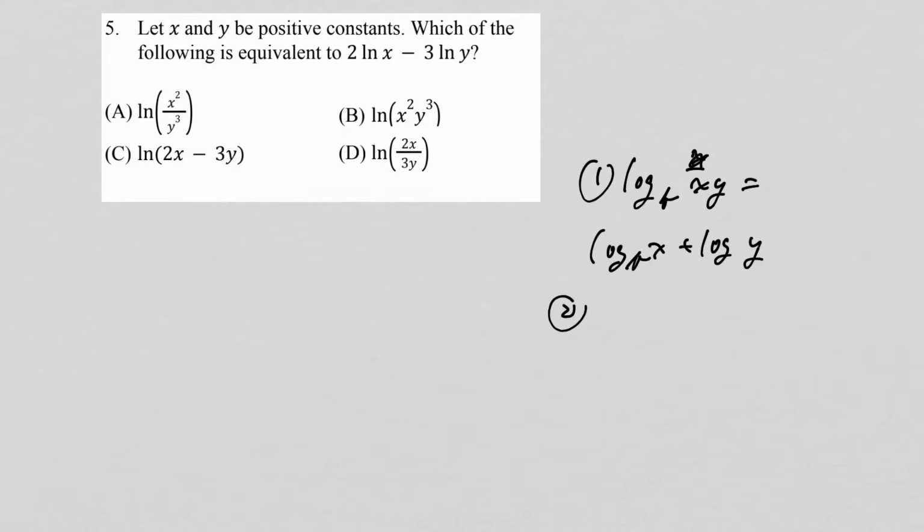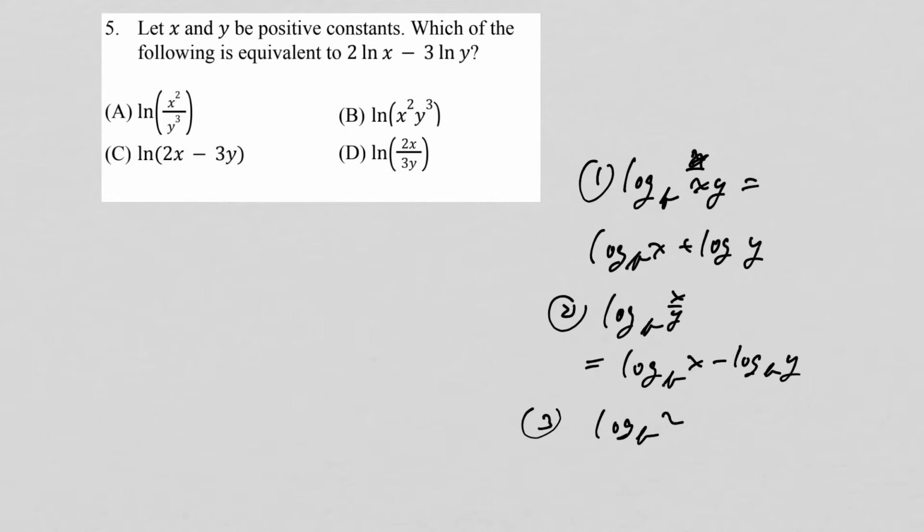The second log rule is log of a quotient can be rewritten as the difference of the log of the numerator and the log of the denominator. And the third rule is if you have, let's just say, x to the c power, you can write it as c log x. So these rules also work in reverse.